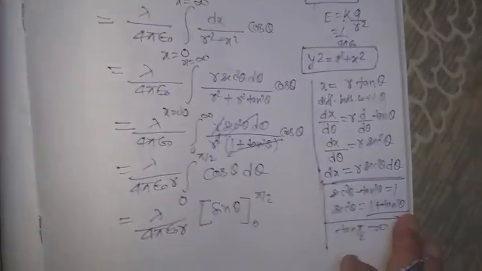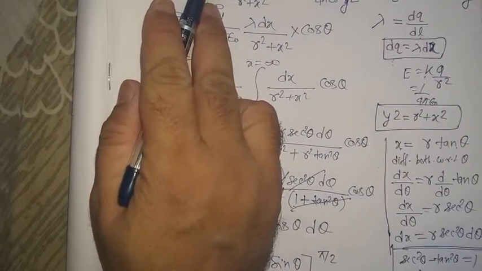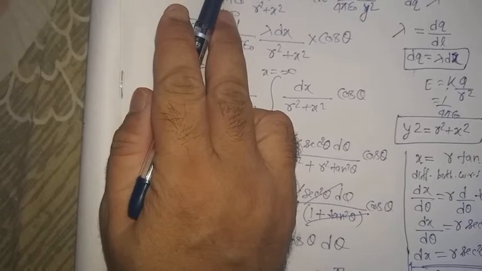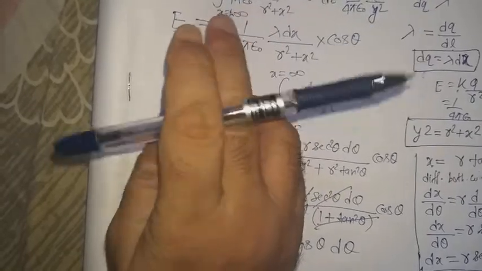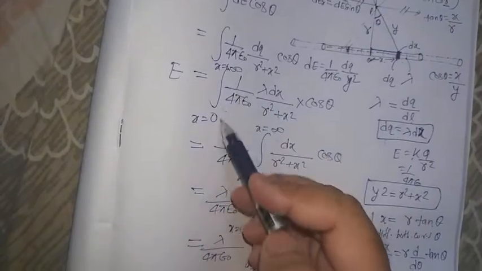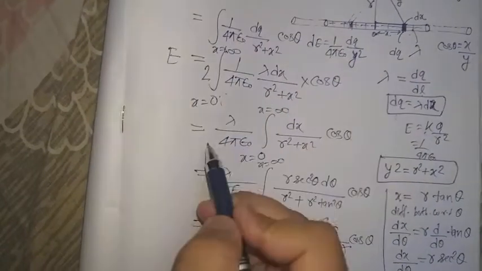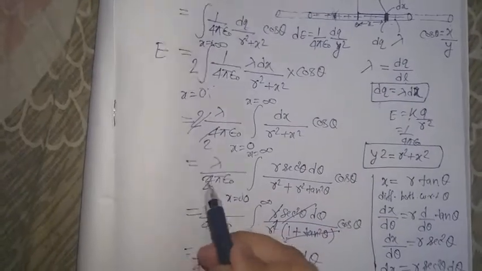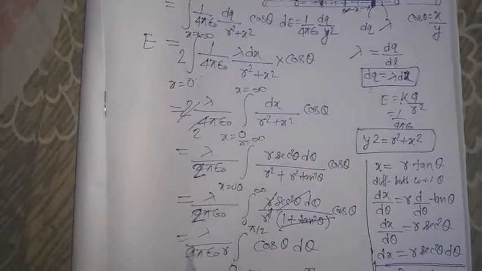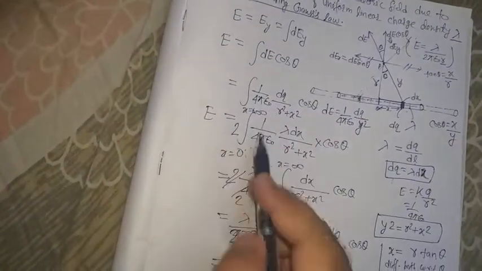Sorry, one mistake has been made. We have taken only one component here, so the whole value will be 2 times, because we have taken 0 to infinity.